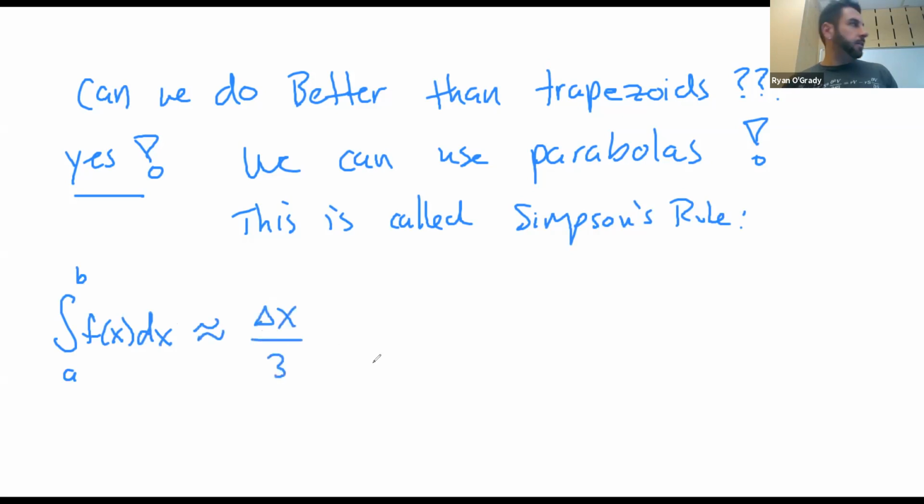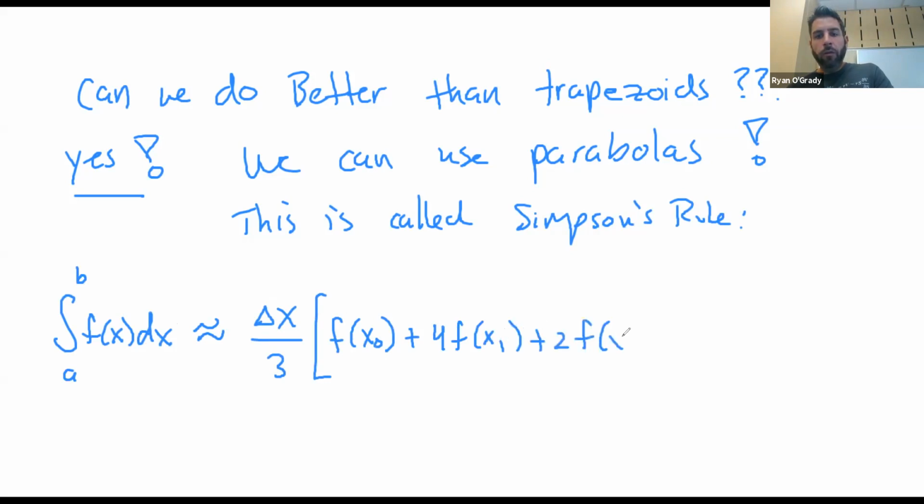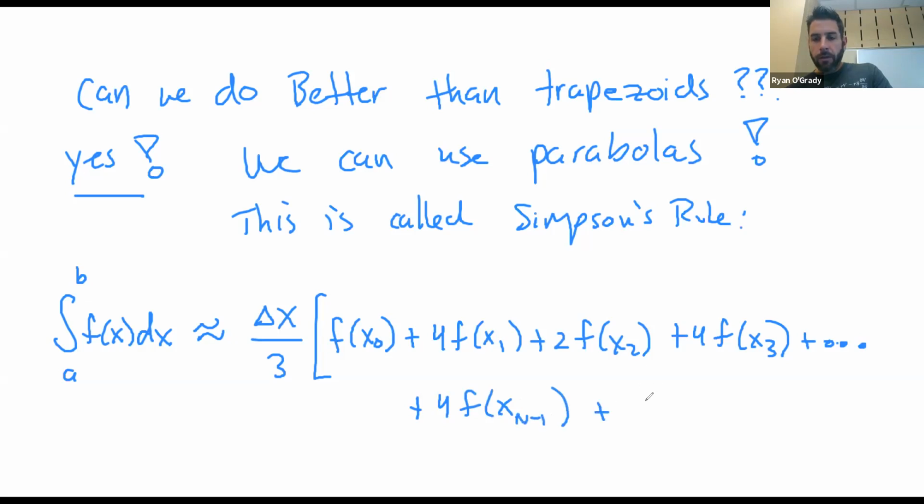This time it's delta x divided by 3. So there's a 3 here this time, which is different. And then there's a pattern that is not the same as before, but somewhat. Here you alternate between 4 and 2. And this goes all the way till the last guy has to be a 4. And then the second to last guy is a 4, and the very last guy has nothing. And so there's one subtlety here for this pattern to make sense: n must be even.